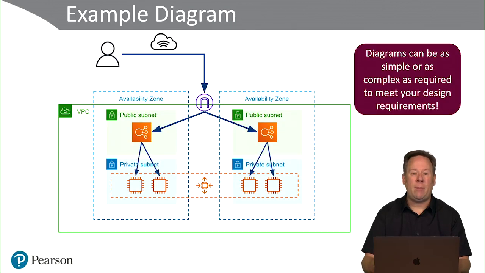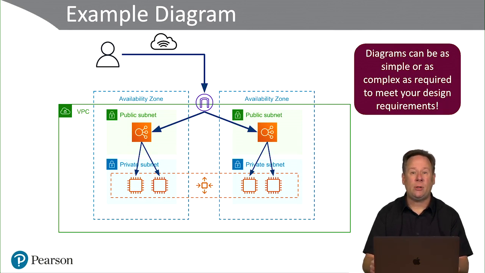Here's an example of a two-tier architecture within AWS. At the top left, we have an end user using some sort of client, whether it's a mobile device or a browser, connecting across the internet into a VPC network through an internet gateway.